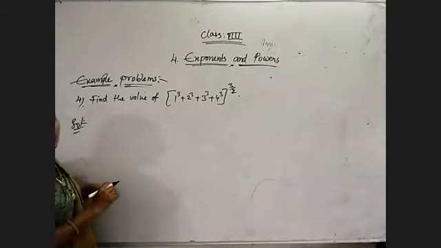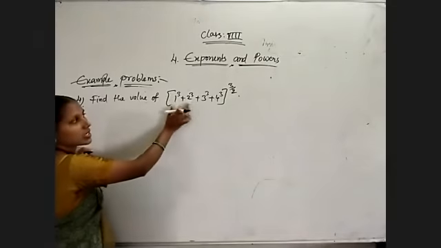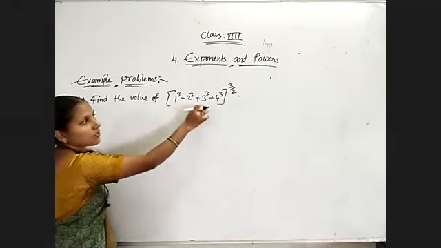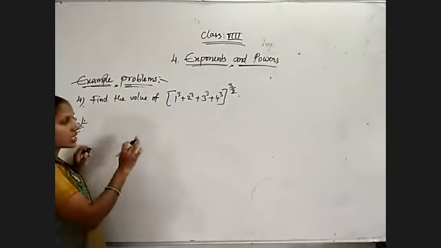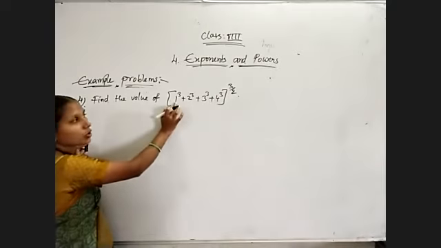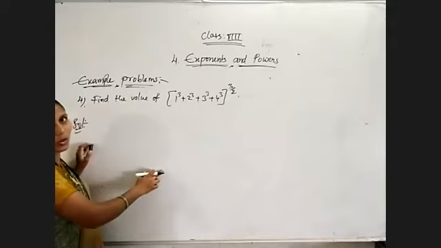What is that? Cubes of n natural numbers. Yes or no? Here natural numbers 1, 2, 3, 4. It is the sum of the cubes of the first 4 natural numbers. Because here only 4 terms are there, it is easy to find out the sum.